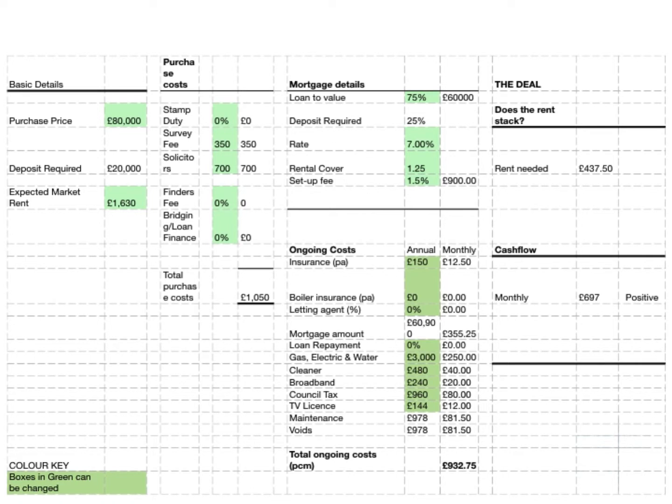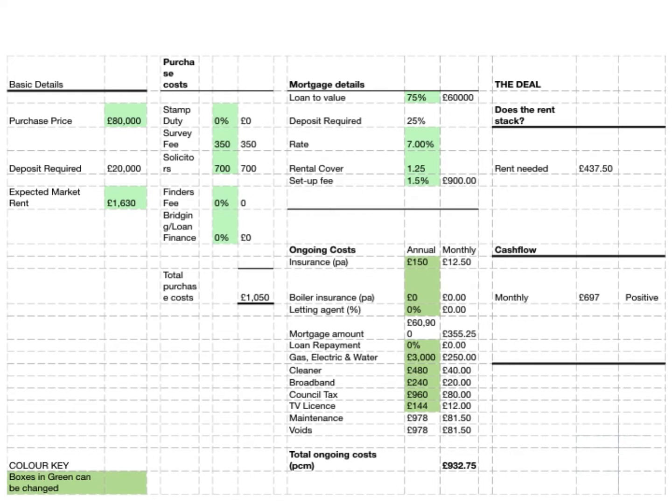So if I was looking at trying to make £700, that's telling me that the most I can really pay, if I was going to use this model and I was going to multi-let this property and my expected market rent was 1,630, then the most I can really afford to pay is £355 a month based on that 7% cover. That's given me a monthly payment of £355 because I want to achieve my £700 a month profit.